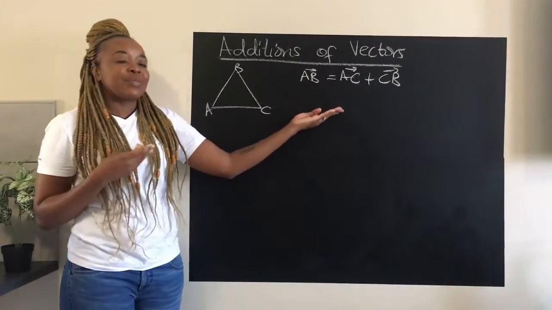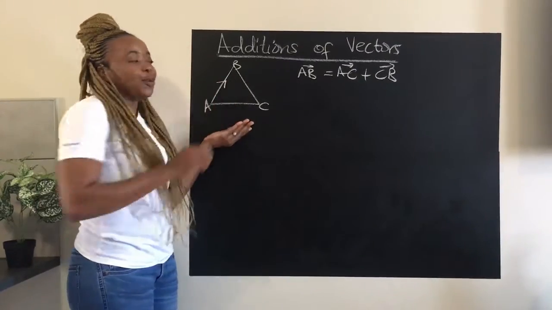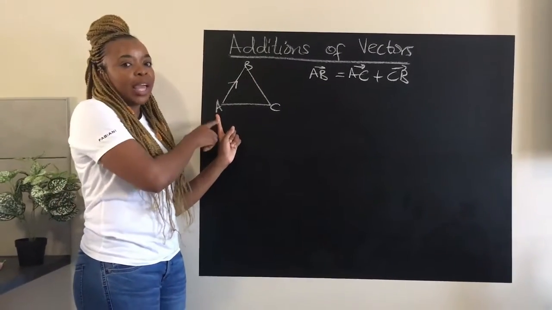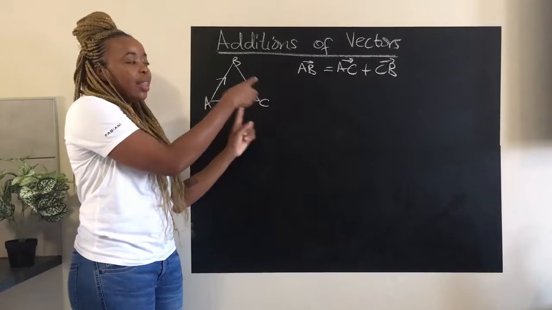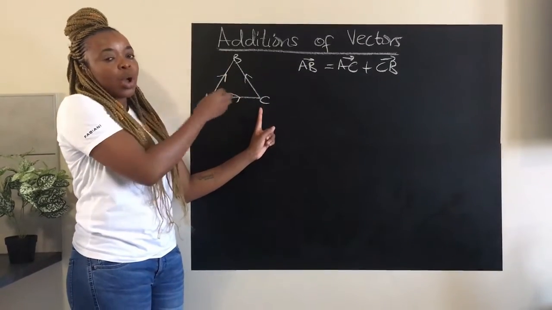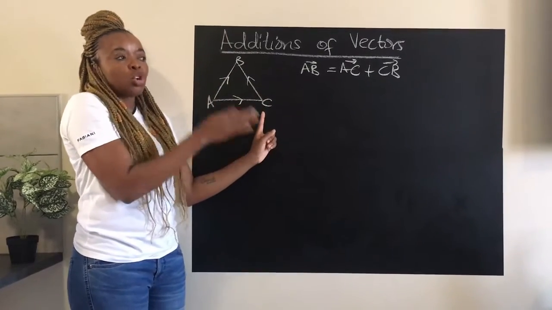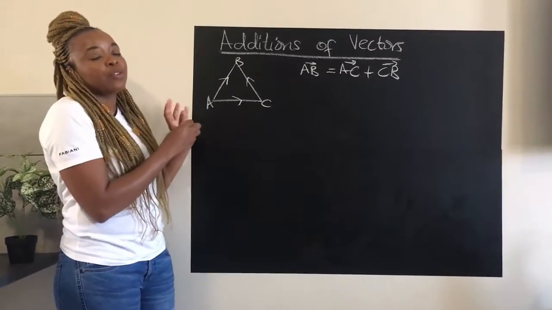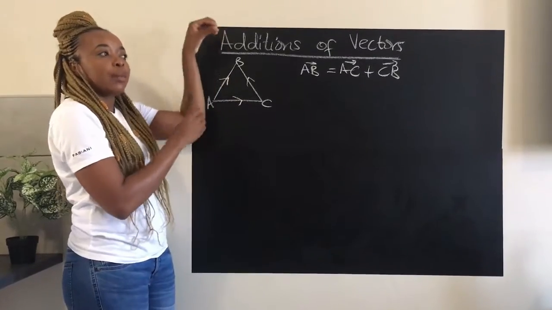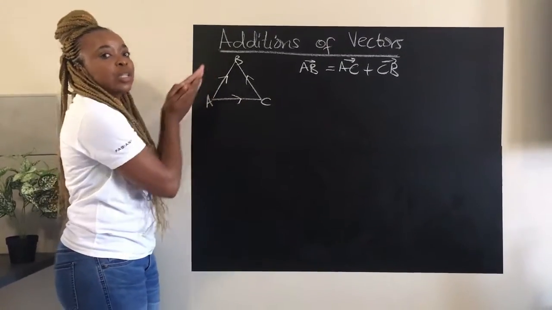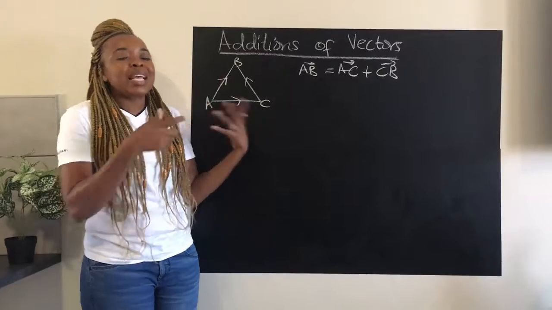To remember this formula, what it is basically saying is that I want to find the vector AB, meaning I want to come from point A to go to point B. I can always go from point A to C first, and then I come from C to B. So I'm still coming from A to B, but I went to pass by somewhere else, then I go to B. So as long as I'm coming from the same point, I could go in whatever direction and come back. As long as I'm going to the next point, I'm going to get the same thing as when I just take the straightaway shortcut.